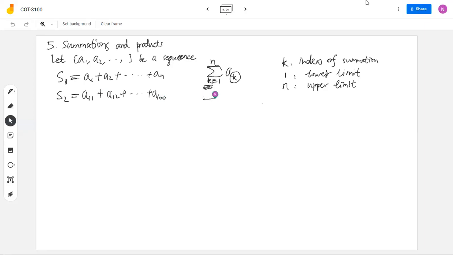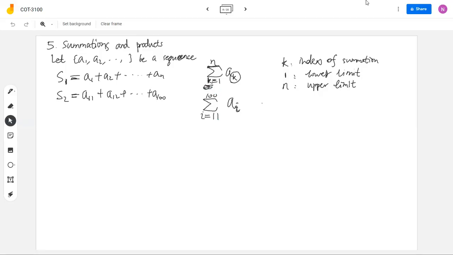We can write sigma. For example, I change the index of summation. I don't like K, I use I. That's also fine. You can use anything, A_I. But here it is very important: you have to make sure the index of summation is consistent. So I'm using I equals 11 to 100.